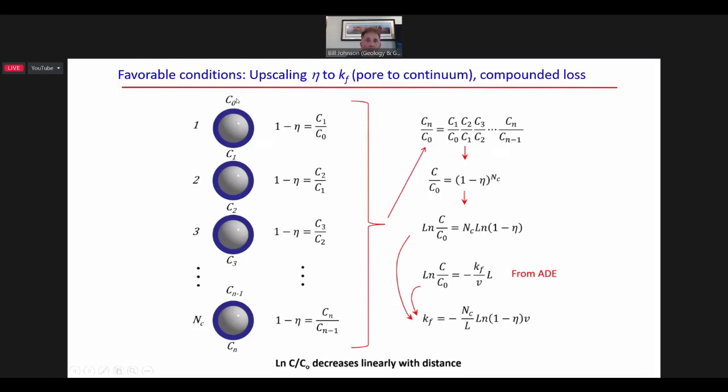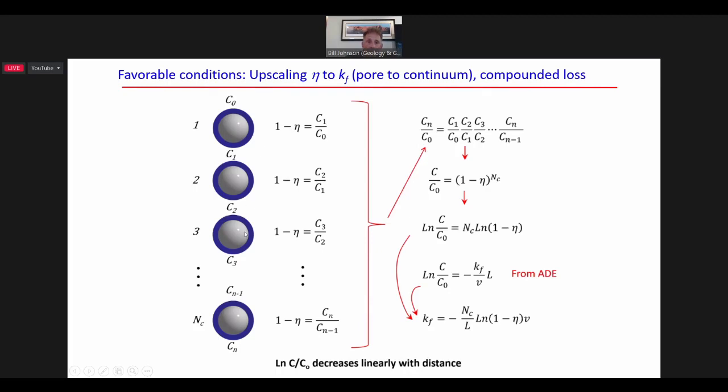If the concentration coming into the porous media is C0, a fraction, so-called eta, of the population is lost to the grain surface. That's the so-called collector efficiency. It's the fraction that attach relative to the fraction that enter. What exits is 1 minus eta, so C1 over C0 is 1 minus eta.